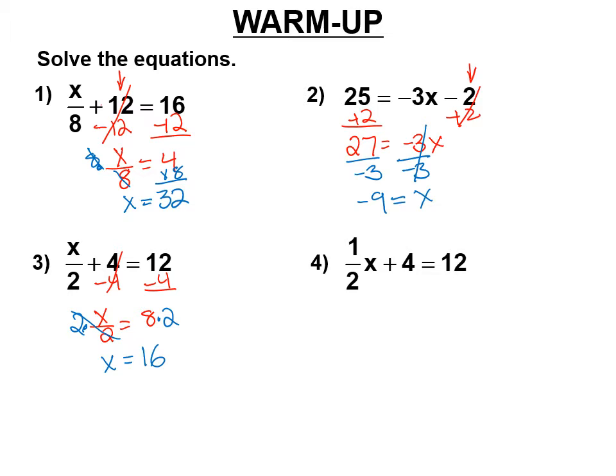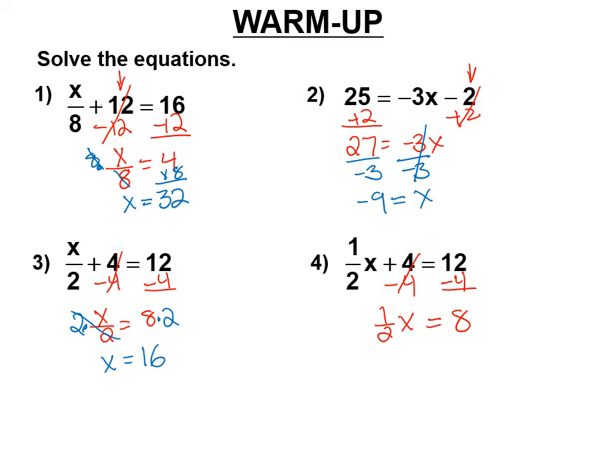Number 4 is what we're doing today, and not every 6th and 7th grade teacher goes over that, so let's see who knows already. So if it's plus 4, you subtract 4 from both sides. Everyone should know that, and that's 1/2 times x equals 8. Now, what is the coefficient of this problem? It's 1/2. How do we get rid of a fraction coefficient?